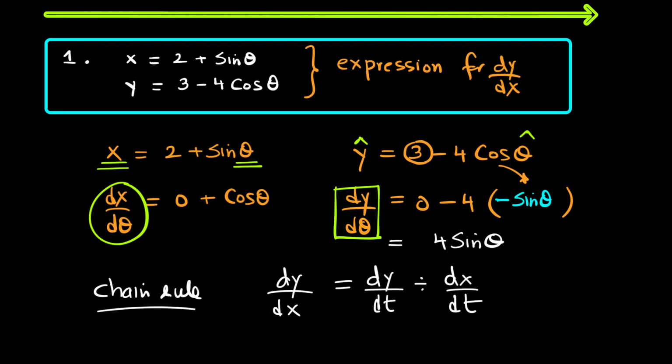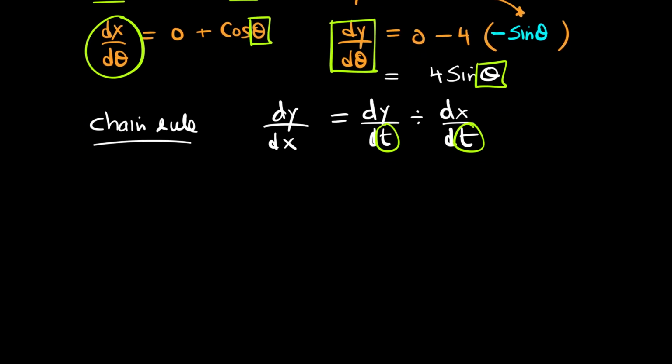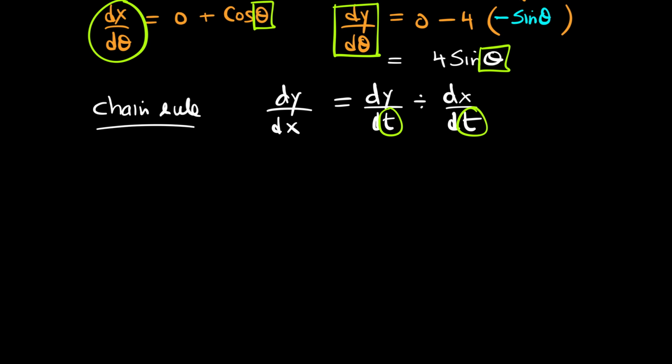Now initially we were having t as the parameter. Now we have theta as the parameter. So modifying a bit, we can write dy by dx is equal to dy by d theta divided by dx by d theta.